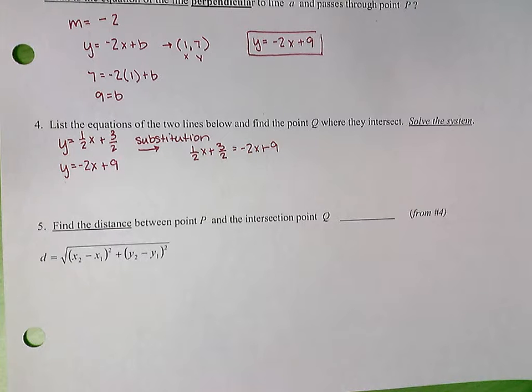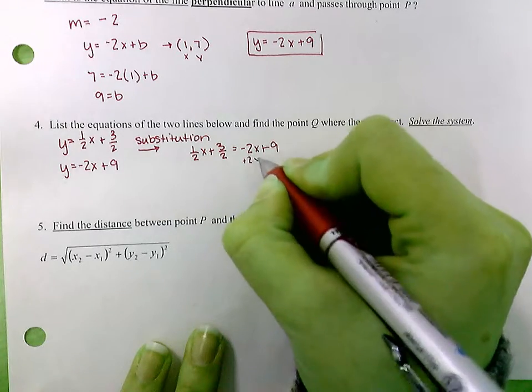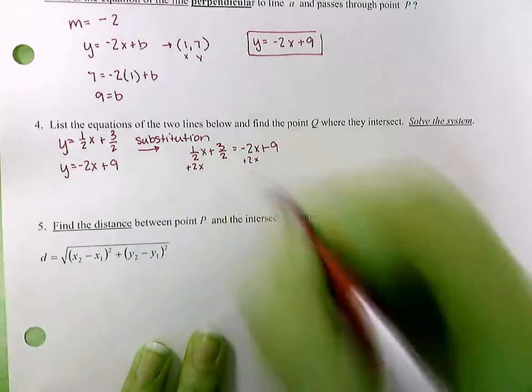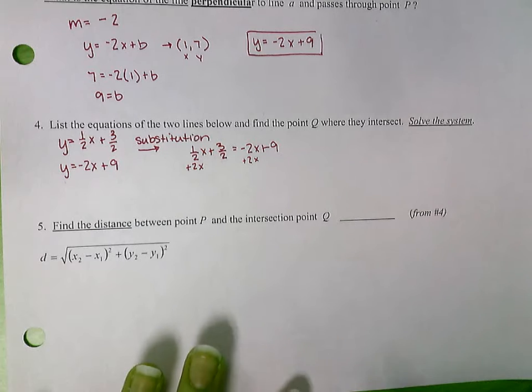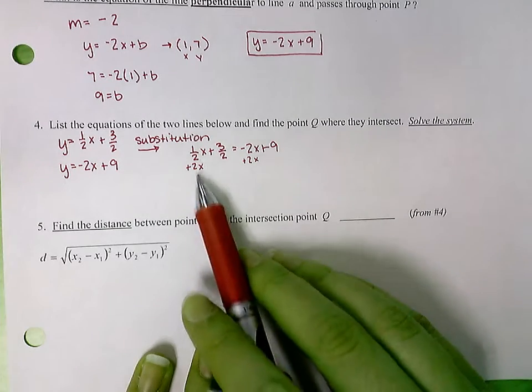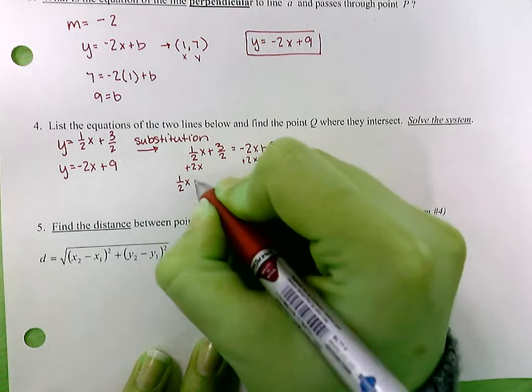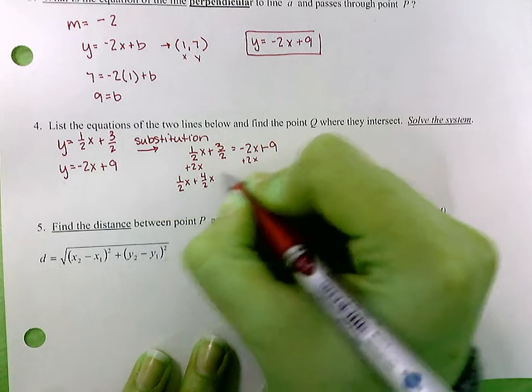Now I just can solve for x. So I'm going to add 2x to both sides. Again, I need a common denominator for my 2x and my 1/2. So I have 1/2 x plus 4/2 x.